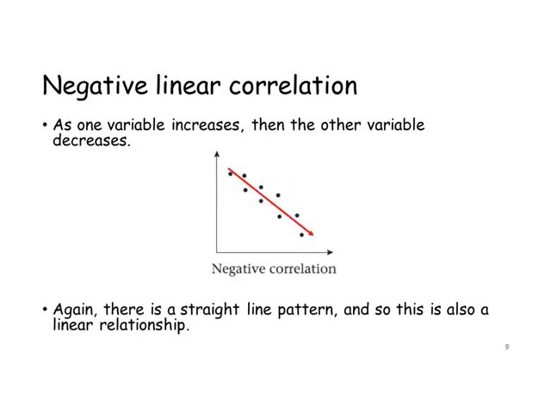And as before, we can see there is a straight line pattern. So again, this is a linear relationship. And if a scatter diagram has this pattern, then it is said to have negative linear correlation.